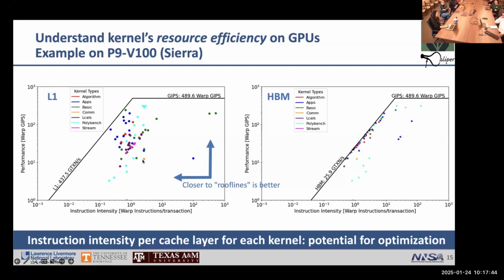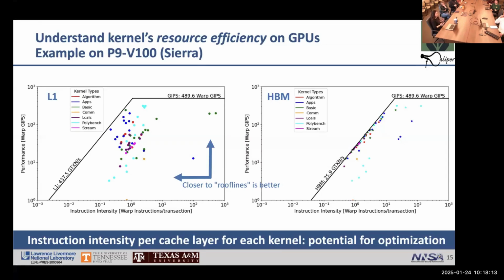The color is every kernel group that I mentioned, the roofs are basically the memory bandwidth that we can get, and the top is the number of instructions that we can do. We plot the instruction intensity for each kernel, which we can measure with those GPU hardware counters.